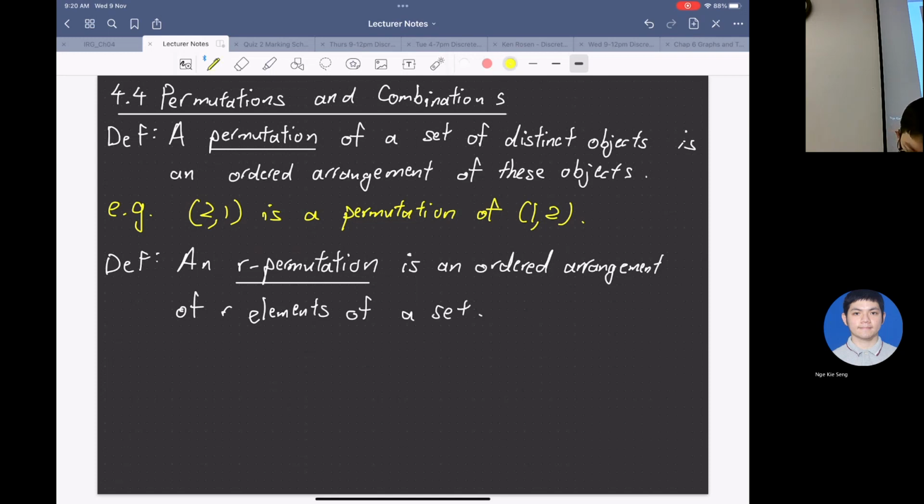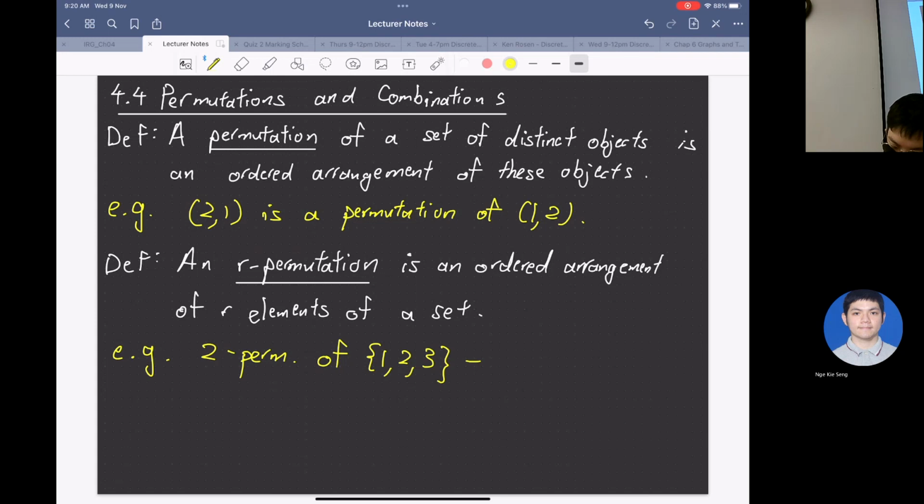So what does this mean? For example, let's look at 2-permutations of the set 1, 2, 3.